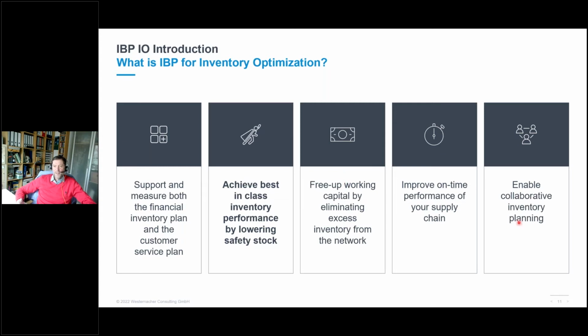And there are 3 functions more. You can free up the working capital by eliminating excess inventory, and that more or less goes in the direction that you're handling the target, not the target service level, but the influencing factors that influence our inventory levels, like lead time variation, supply uncertainties.